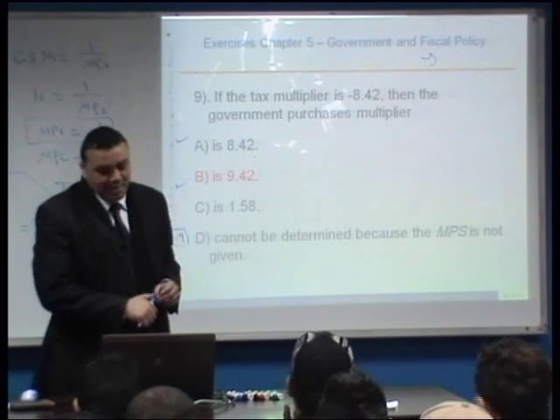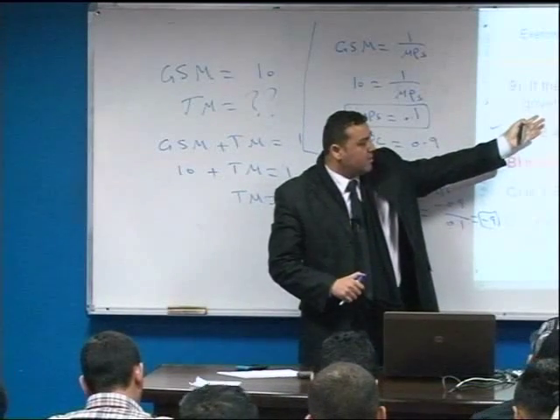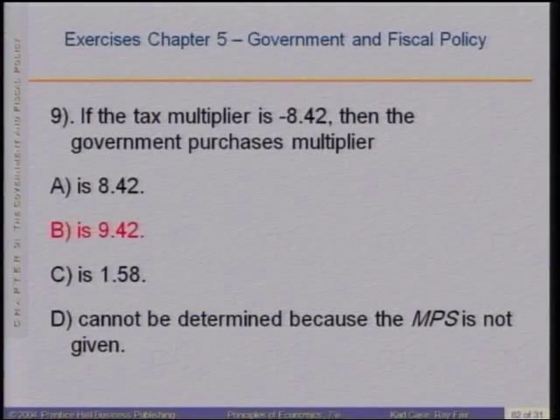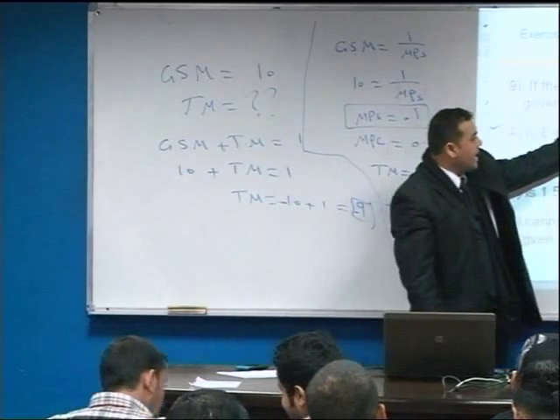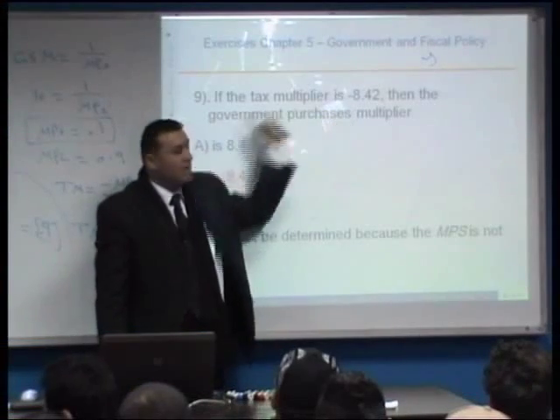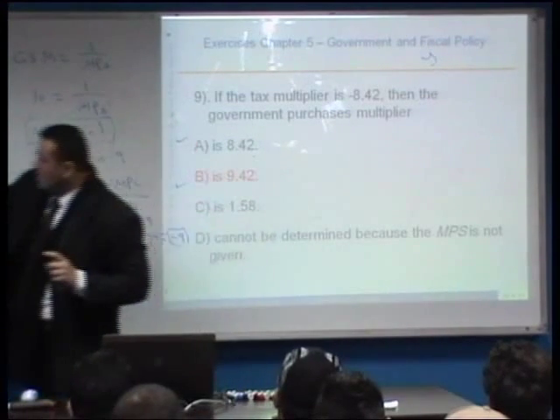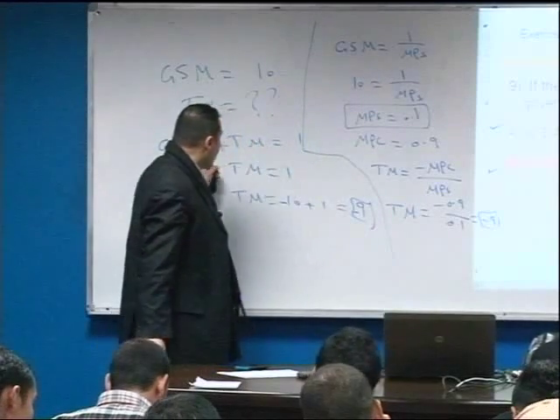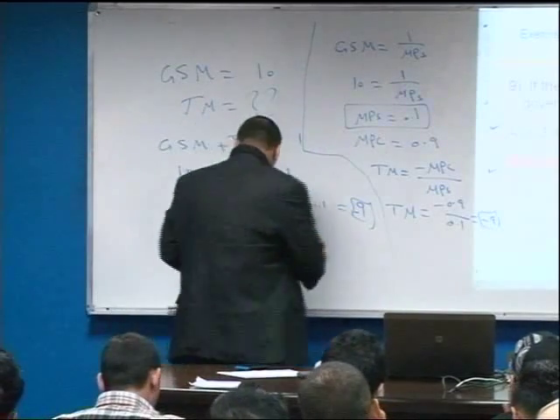If the tax multiplier is minus 8.42, then the government purchases multiplier, the government spending multiplier, is how much? This is the question. They gave us the tax multiplier and we want the government spending multiplier. The government spending multiplier plus the tax multiplier must equal 1.